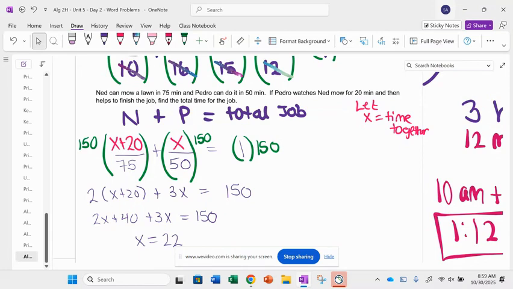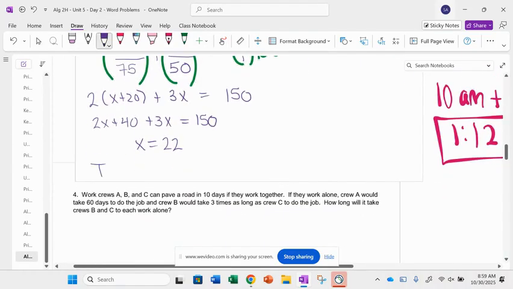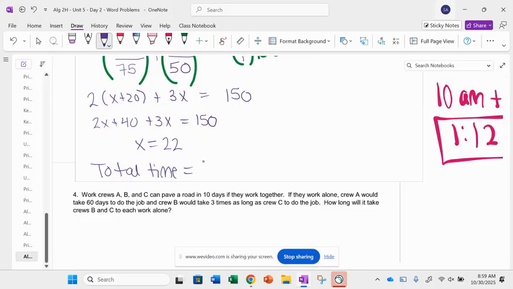No, because Ned picked up the slack and worked for how long by himself? 20 minutes. So what do we have to do to find the total time for the job? You got it. So the total time is going to be 22 plus 20, which is going to be 42 minutes.